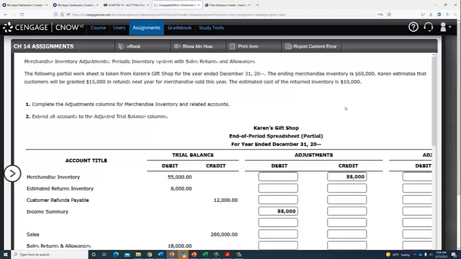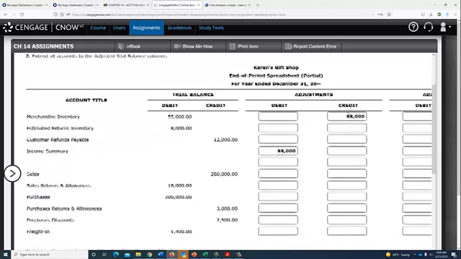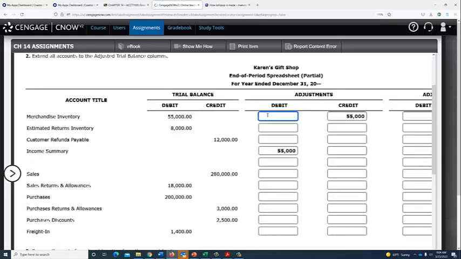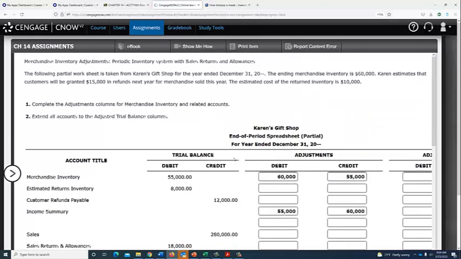Step 2 is to enter the new number. So we're going to add $60,000 to our merchandise inventory, and then our offsetting credit is $60,000.